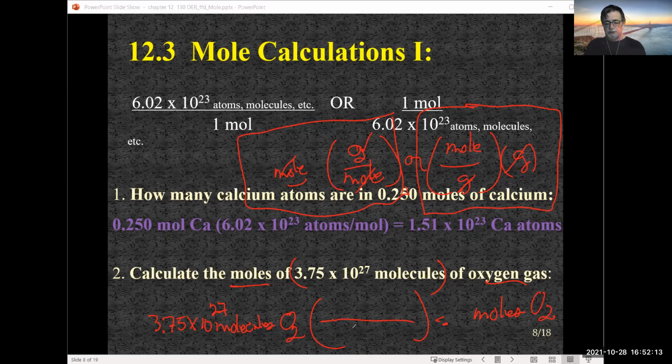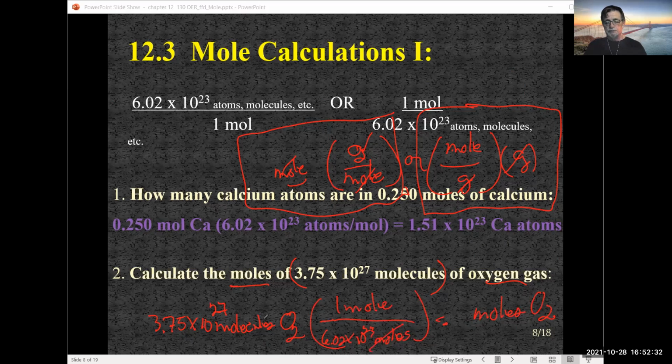Avogadro's number is going to be written so that I've got 6.02 times 10 to the 23rd molecules in the denominator for 1 mole, so 1 mole per 6.02 times 10 to the 23rd.